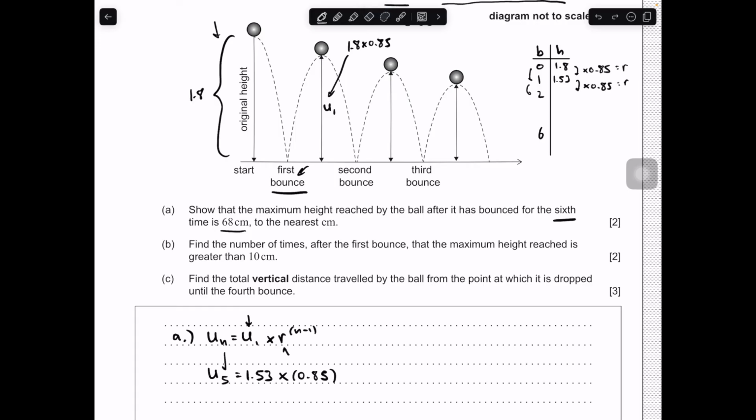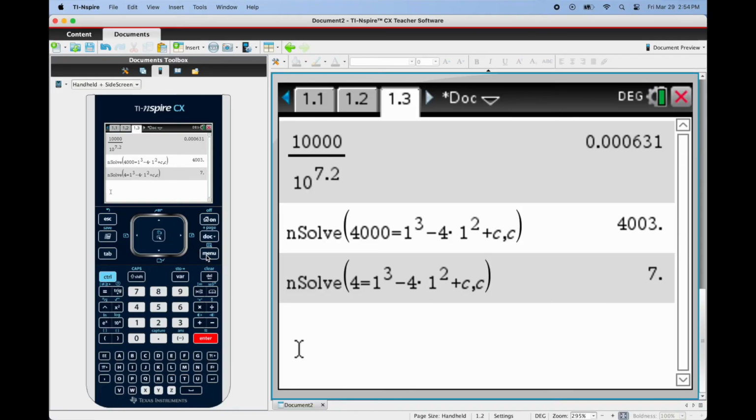In this case, let's substitute 5 minus 1: 1.53 times 0.85 to the power of 5 minus 1. Let's put this into the calculator. 5 minus 1 is 4. It's not a bad idea to write that out just so you don't get mixed up with brackets or order of operations or anything like that.